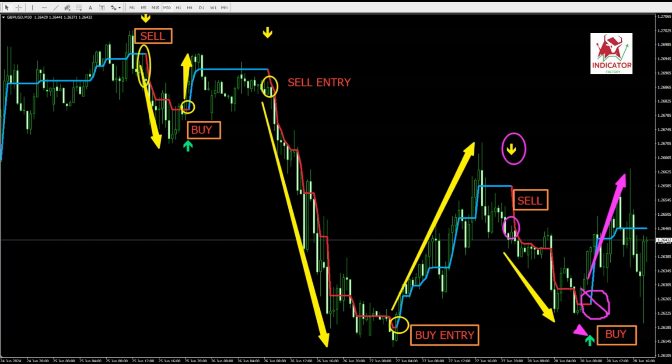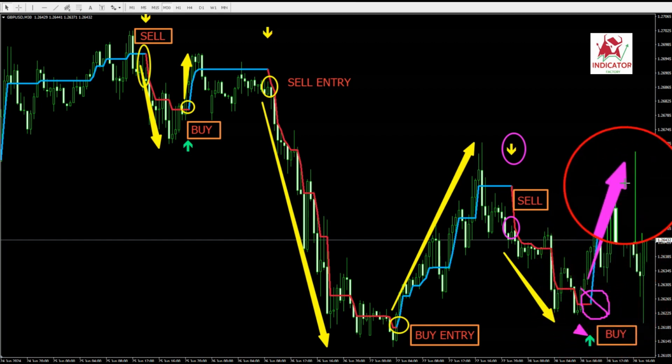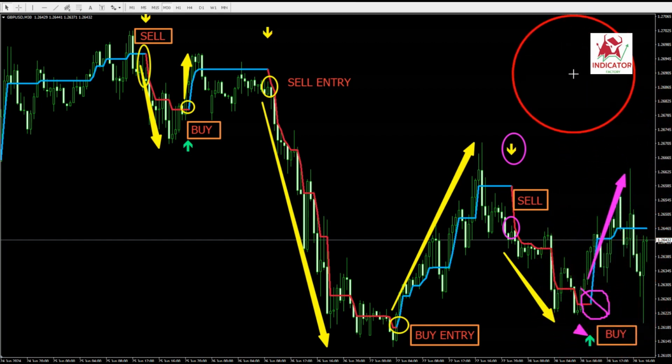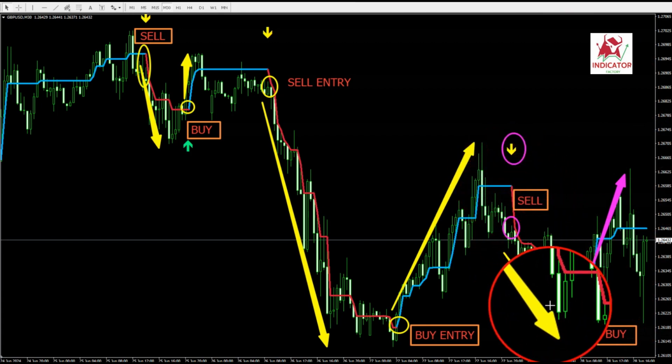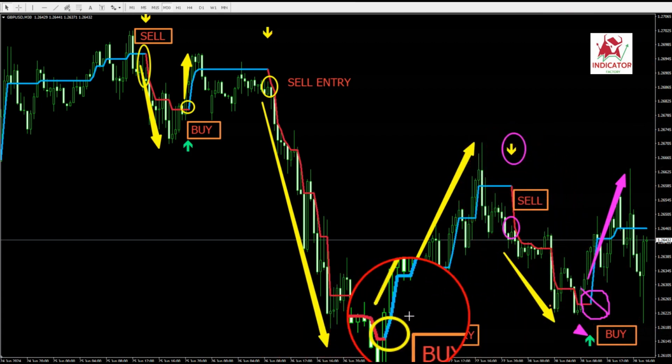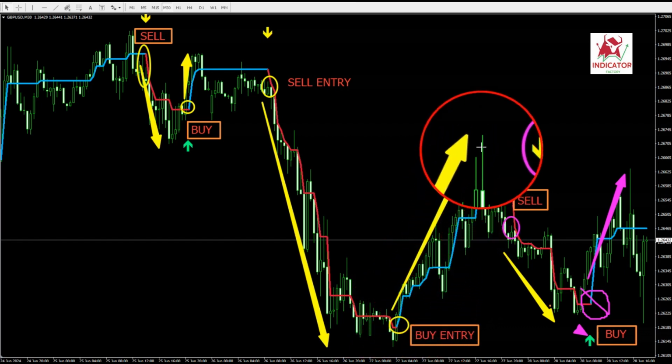For a person with a normal IQ, it is very easy to buy and sell using this strategy. Now I am zooming in so that you can see how much the candles or the market correspond with this strategy. You can see that the correspondence is great, and it is a very accurate strategy.